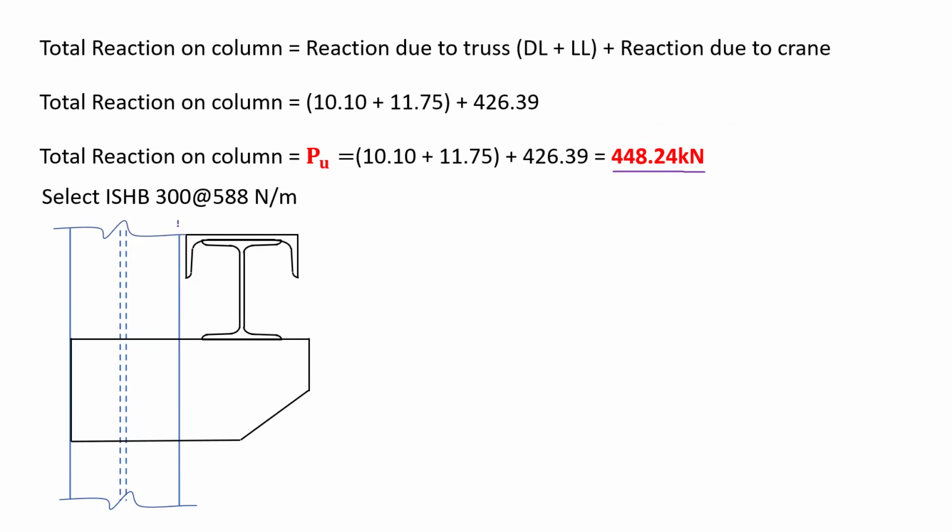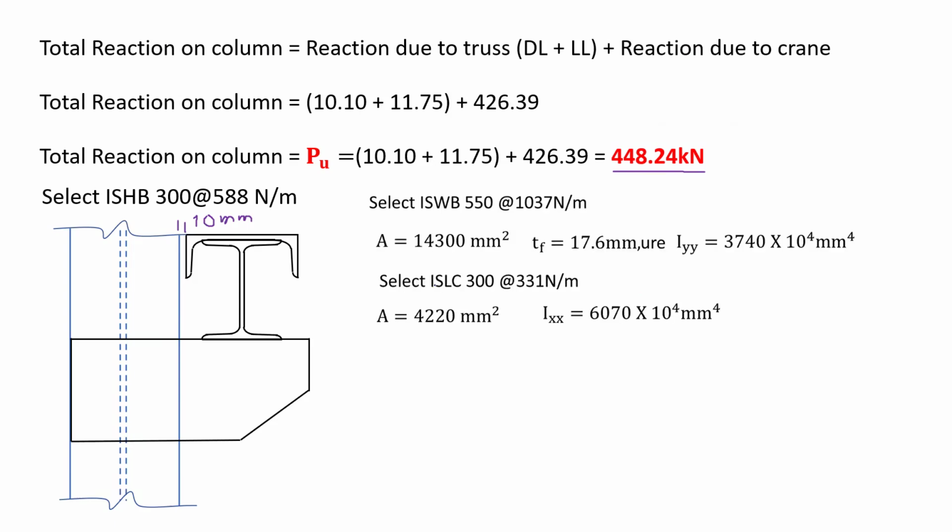Now you can have this gap, the gap between column and this section of gantry. This gap we have considered as 10 millimeter. So now what will be my distance from column to the center of gantry girder? Now you can see the section. We have selected ISLC.